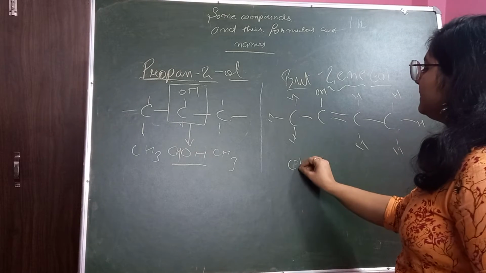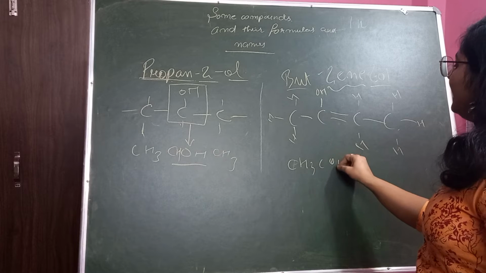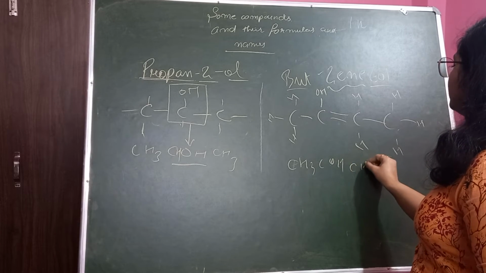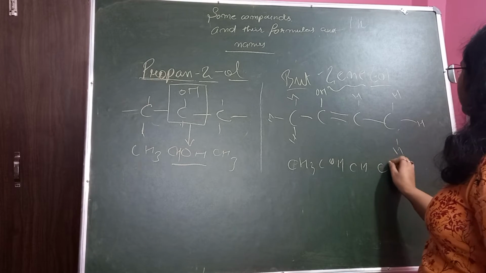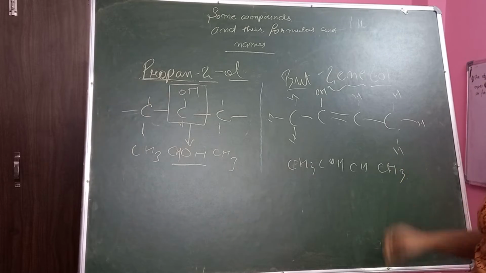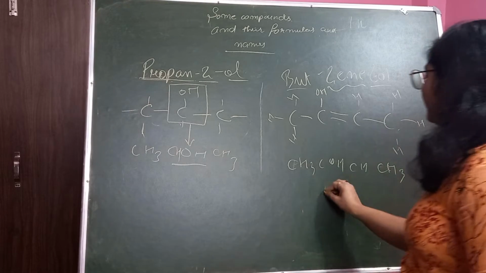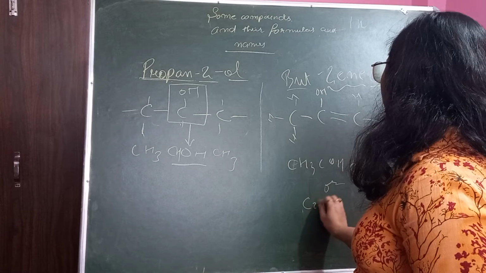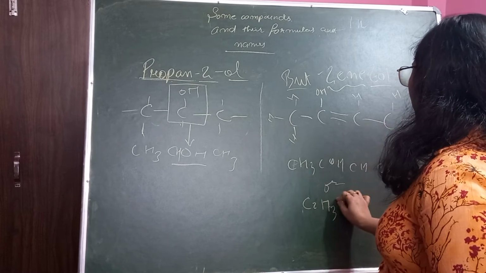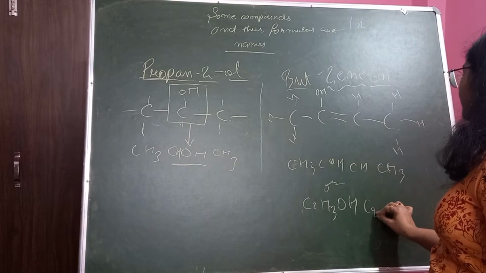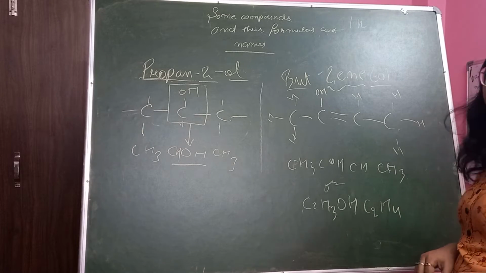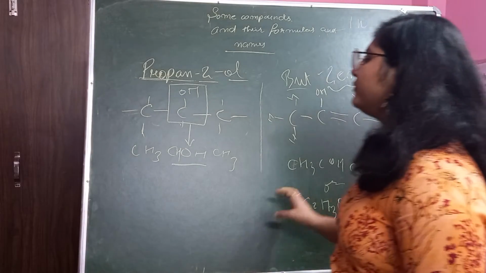Now write the formula. CH3, COH, CH and CH3. So it's done, right? Or you can write it as C2H3OH C2H4. Khatam. So this is how you have to do naming, right?